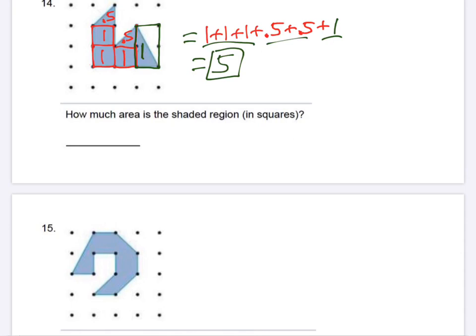Let's see if we can do the same thing down here on number 15. So number 15, we have a square there, a square there. Here's half a square. Oh, we put that line there.